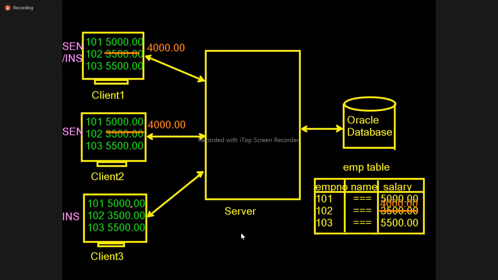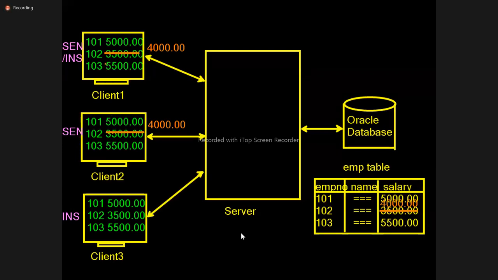What I gave in the notes: sensitive will show changes made by others. Actually client 1 changed it, but it will be shown in client 2. But insensitive will not show changes made by others.